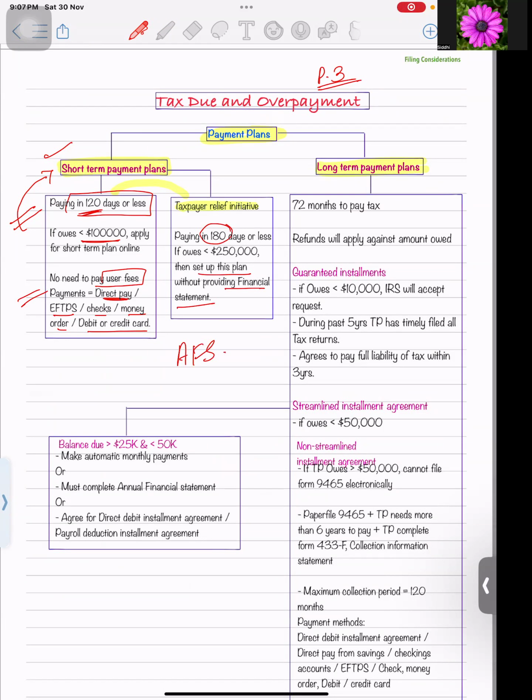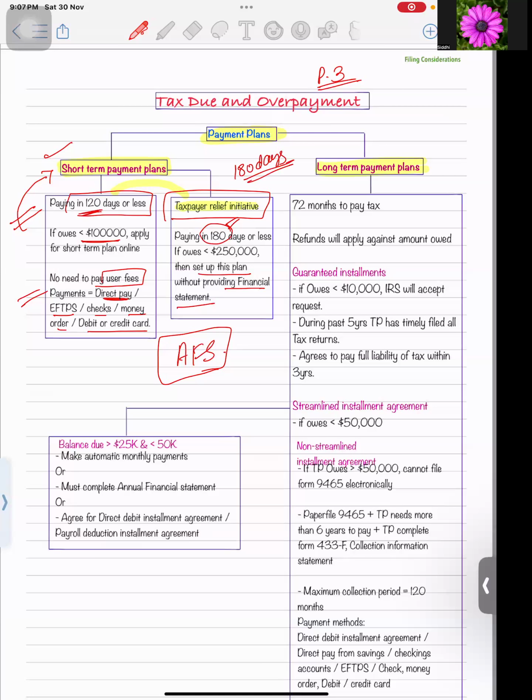Right now you don't have to understand this, but if you're going to file an AFS with the IRS, annual filing financial statement, then you can go for 180 days. This is for corporate mainly, but for individuals, till now they have come up with a plan, and till the time it gets withdrawn, they are still continuing the 180 days plan.